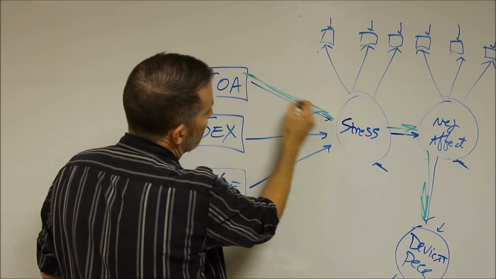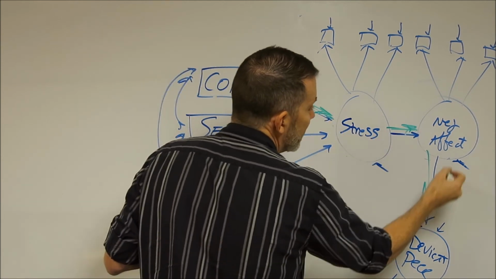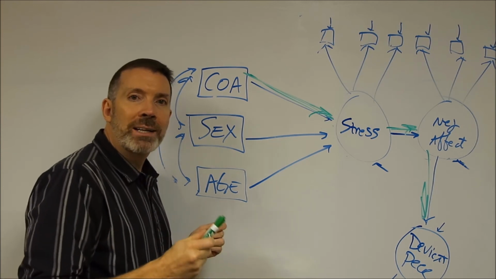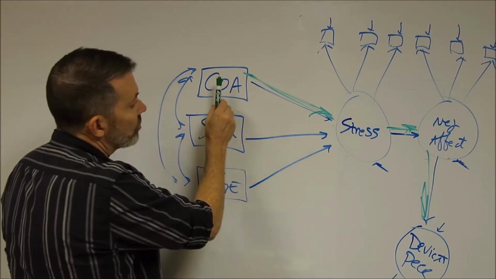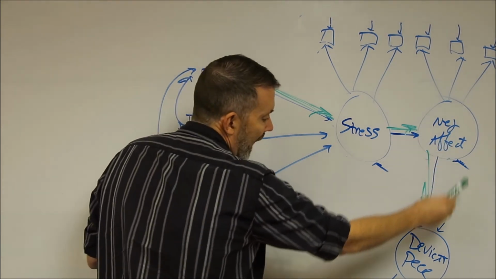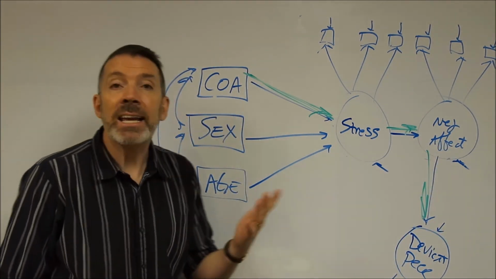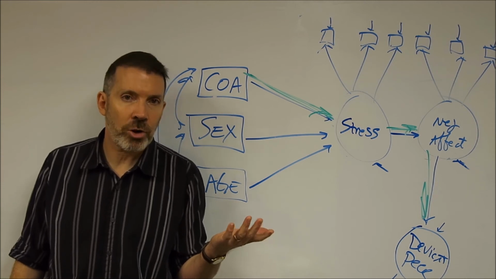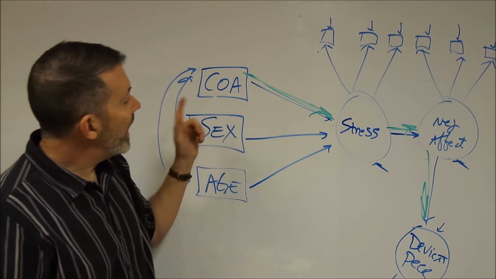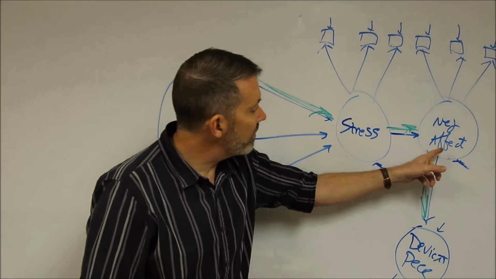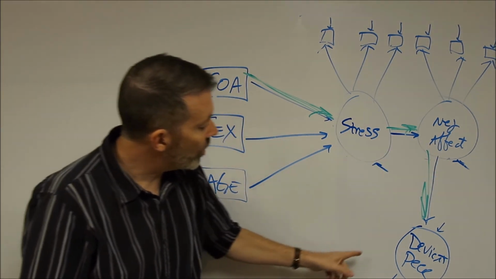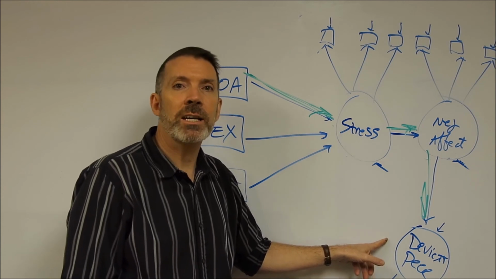I'm going to just put those in green to highlight. As we talked about earlier, that's called a specific indirect effect, meaning that it's a single mediated pathway. In any major SEM package, we can get an effect decomposition, and we can get a test of whether stress and negative affect significantly mediate the relation between COA and deviant peer affiliations.